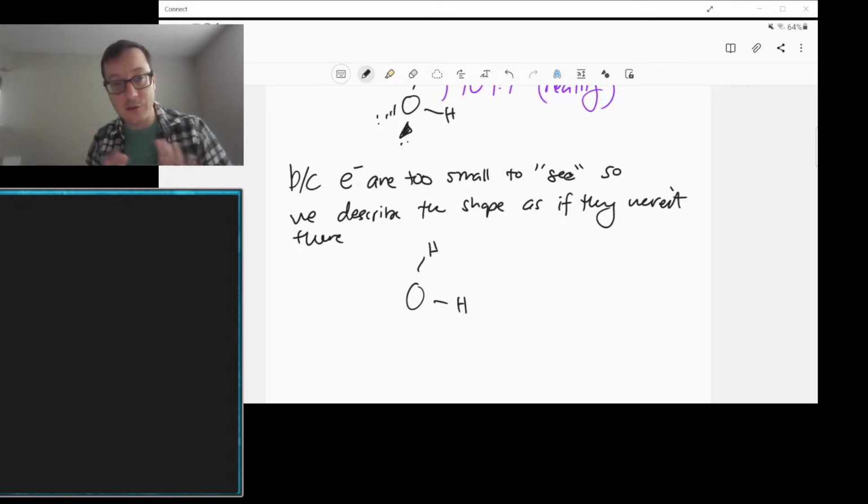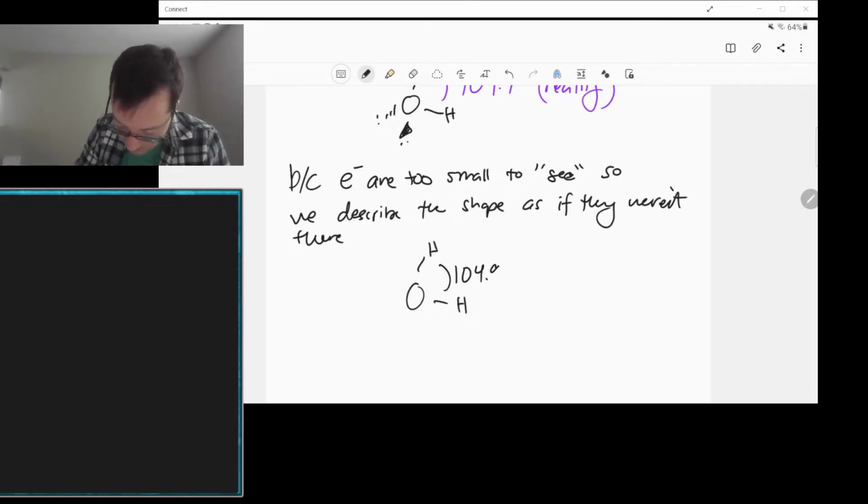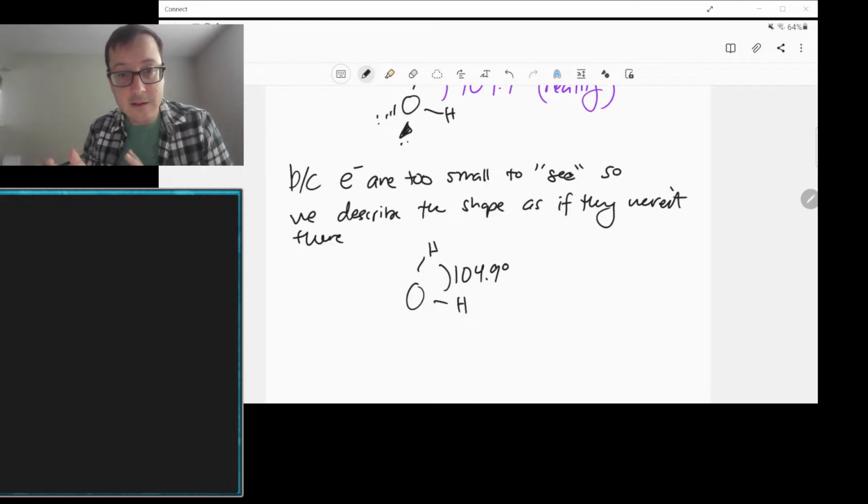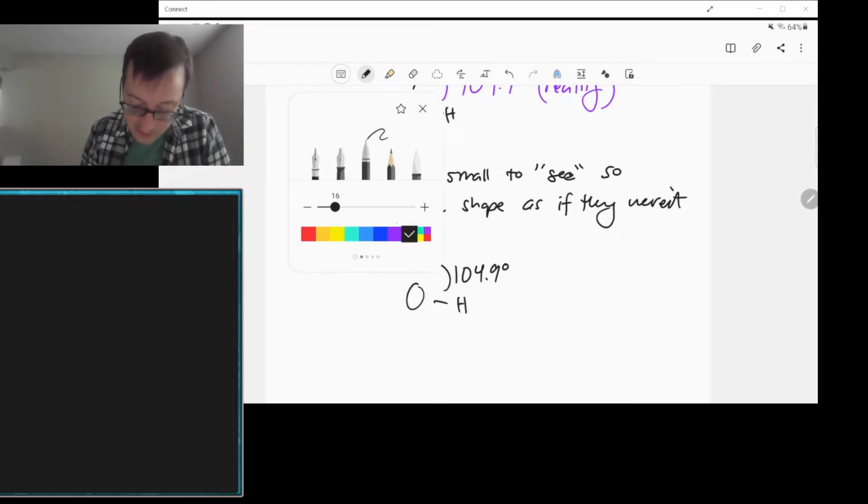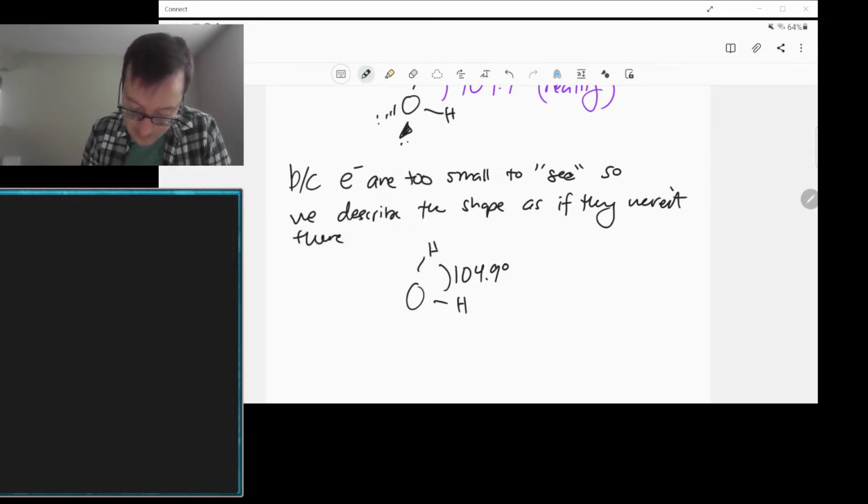If we pretend those lone pairs aren't there, we still have our 104.9 degree angle. We're going to continue to apply their effects, but we're going to also consider that we can't see them. And so for the shape of this thing, we only consider the atoms. So we look at what shape the atoms look like. And we describe this shape as bent.